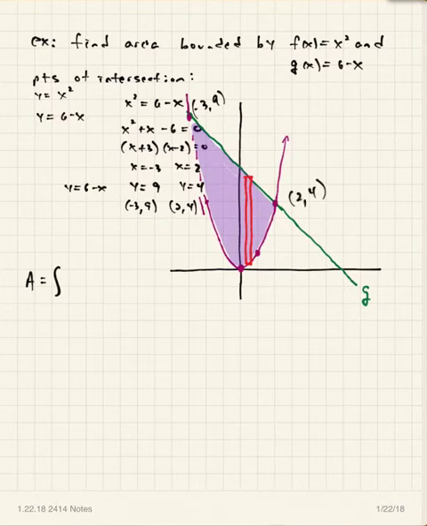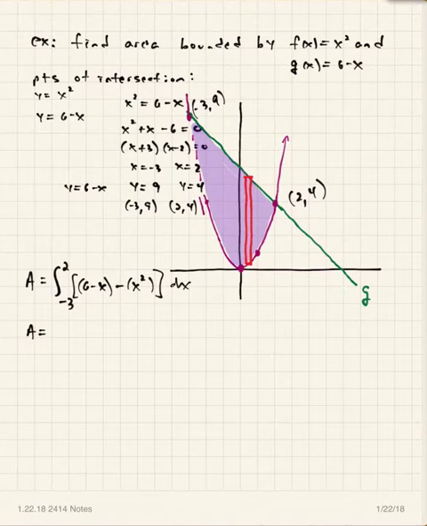And so we're going to integrate. We use the x values of those 2 points. And so this would be -3 to 2. And you'd have the upper curve, which is 6 minus x, and then the lower curve, which is x squared. Upper curve minus lower curve, dx, like that. Right? It's always upper curve minus lower curve, remember, in that region.